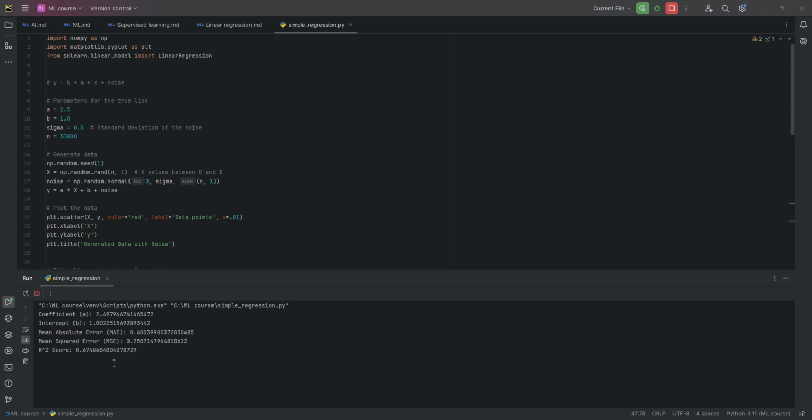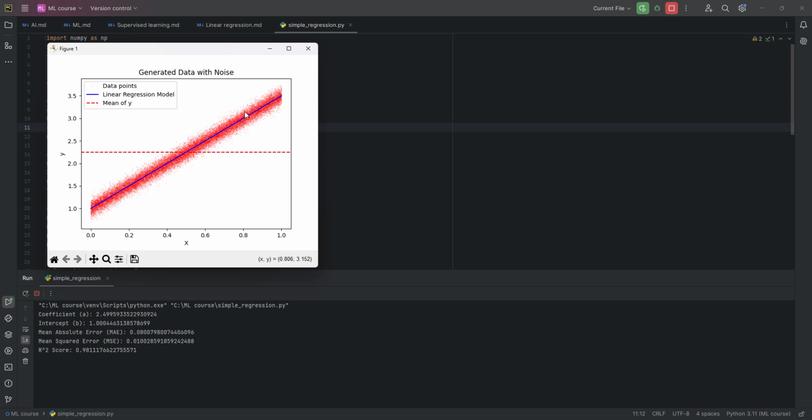So first let's reduce the noise a little bit, and run this again. You can see it's more focused points. The noise is reduced greatly, and our fit is much better now.